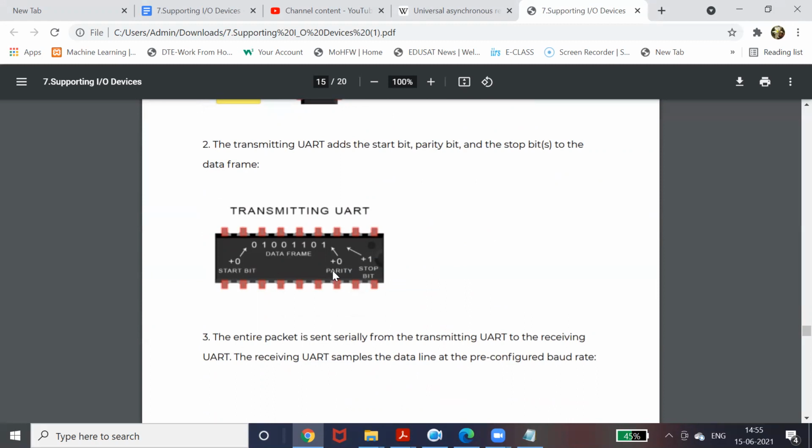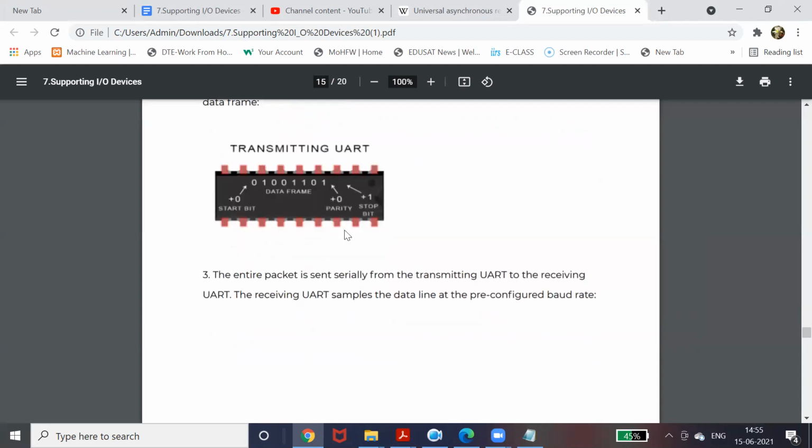It has been added to this data frame. Parity 0. Why is the parity 0 here? Let's count the number of ones: 1, 2, 3, 4. So the number of ones is 4, which means it is even. So the parity is 0. Then after that, add the stop bit 1. Okay, and then transmit the data.